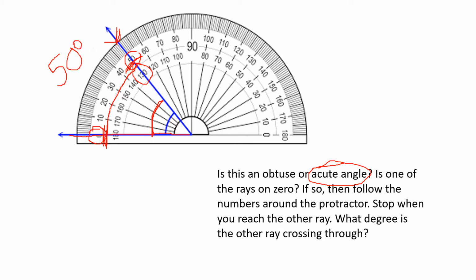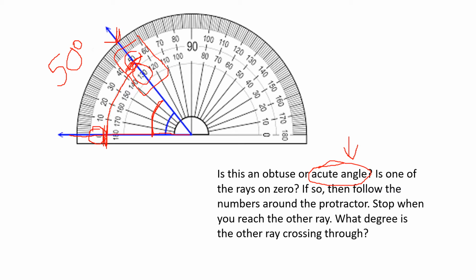Now I need to go back and double check. Was this an obtuse angle or was this an acute angle? Well, we determined that this was an acute angle. So we could use that also to help us determine the measurement of the angle. When I look, I see that it crosses at 50 degrees and 130.